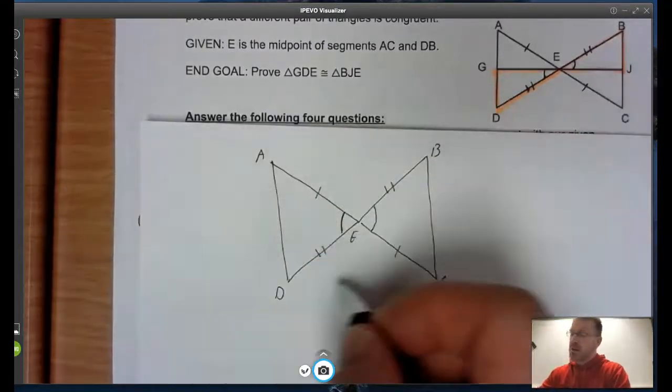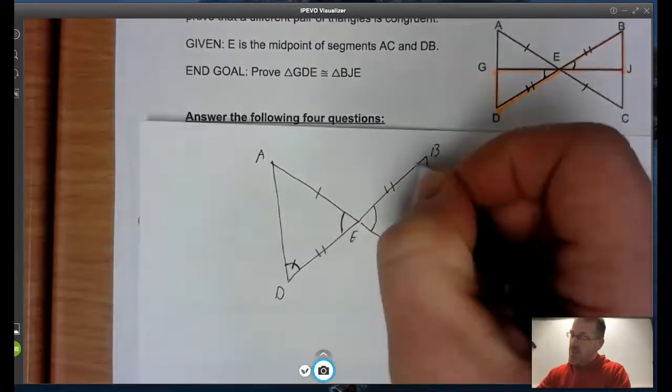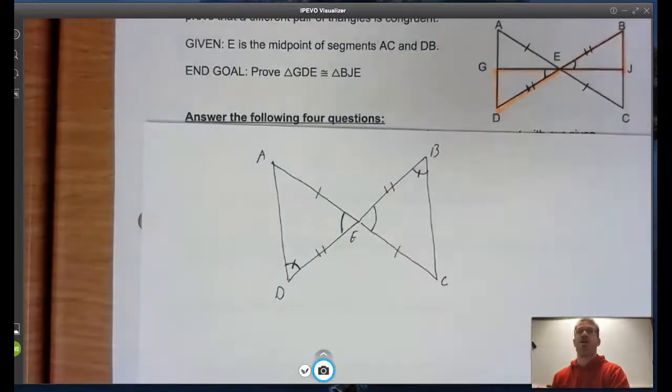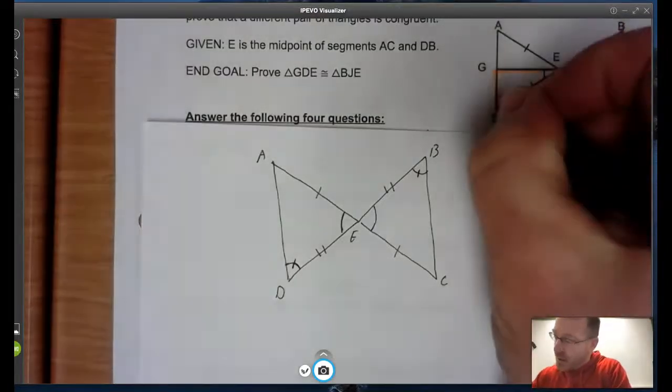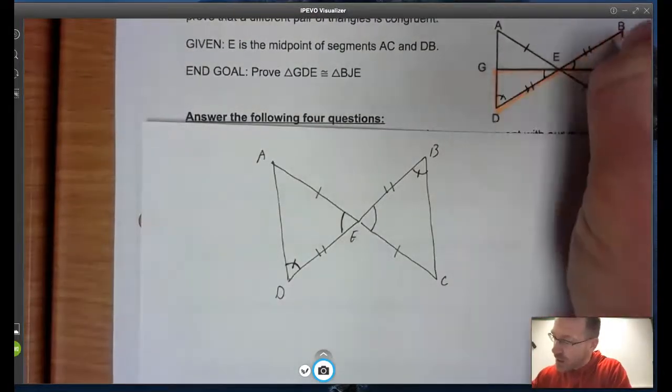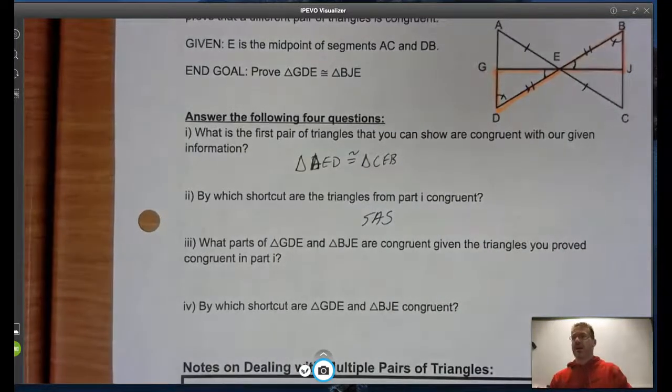Since these 2 triangles are congruent, I know that any pair of corresponding parts will also be congruent. So I know that angle D and angle B will also be congruent. And so notice now I can throw that into my smaller picture up here. And that gives me what I want here.